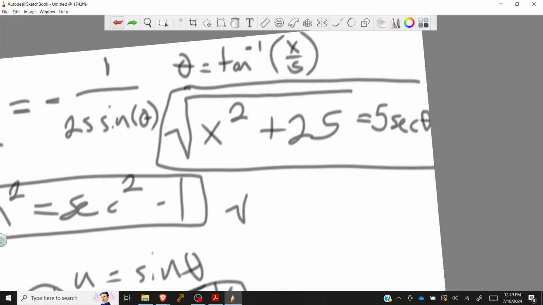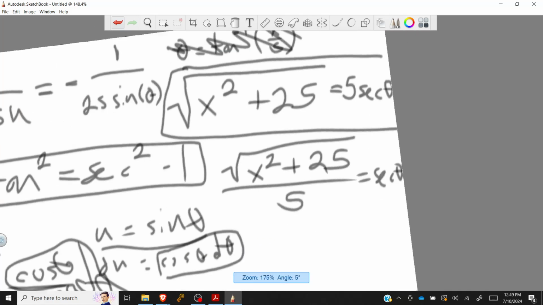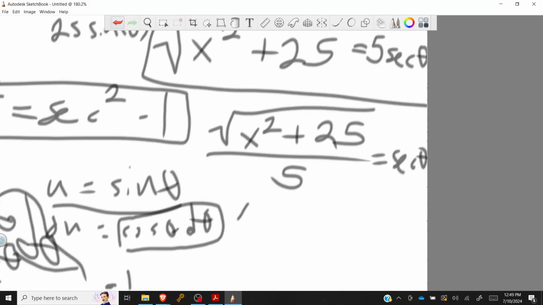So let's solve for secant then. It's going to be x squared plus 25 over 5 equals secant theta. And I'm actually going to erase this part too. This is going to be x over 5 equals tan theta.